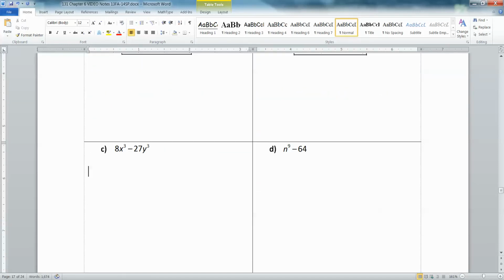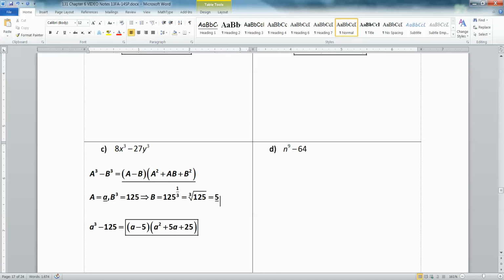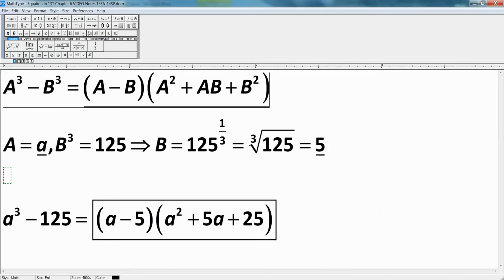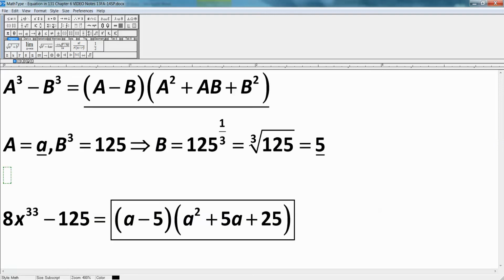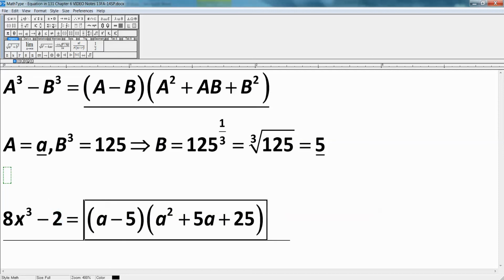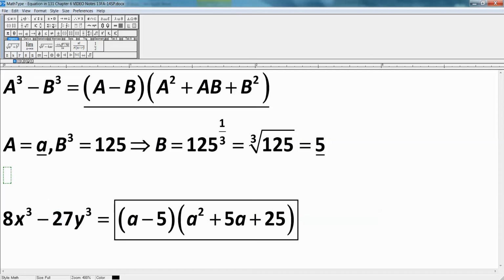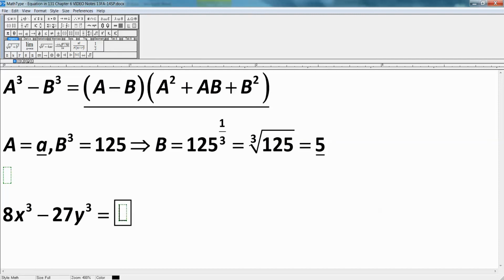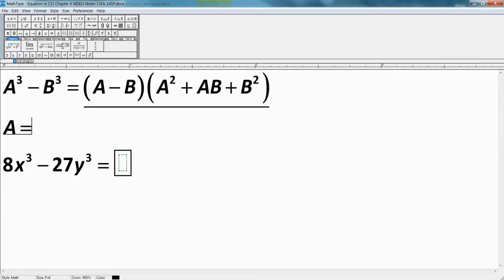All right, so let's do it again for this one. Now this one's going to be a little bit more complicated. So we have a cubed, and we have 8x cubed. That's our first one. And then we have 27y cubed for the back. Let's think about this for a second. What is a?